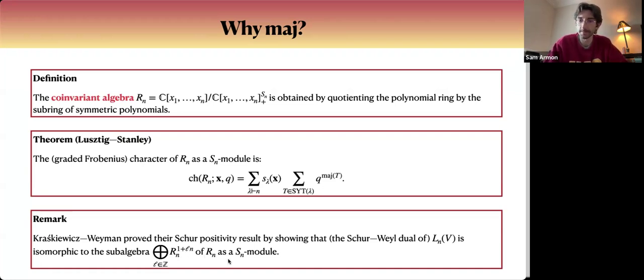This subalgebra of the coinvariant algebra is isomorphic to the Schur-Weil dual of the nth graded piece. Taking the coefficients of 1 mod n up here, I get precisely that result. So that's a bit about how MAJ shows up and this weird congruence mod n thing.